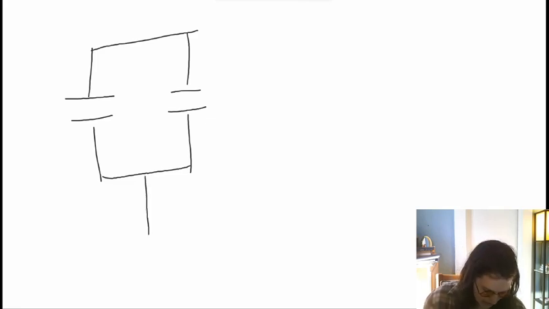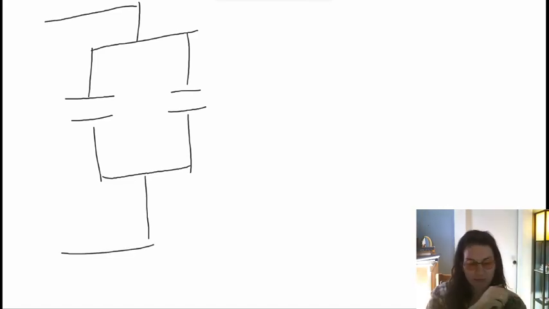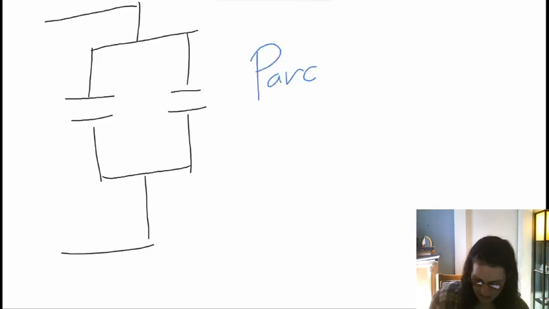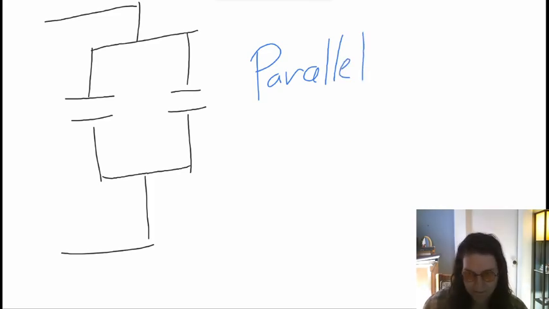So we could establish some other potential difference, plug this into a battery over here, and go on with the rest of the circuit. But I notice that these two are connected in parallel, and again, it's because they are connected on both plates, not just one. And what is my rule for parallel?